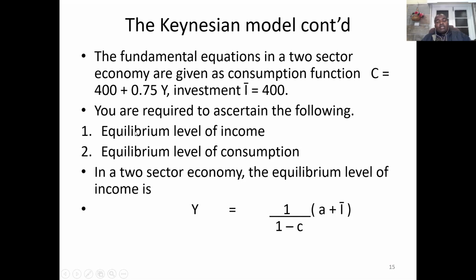You are required to ascertain the following: the equilibrium level of national income and the equilibrium level of consumption. That is aggregate consumption at the equilibrium level of national income.